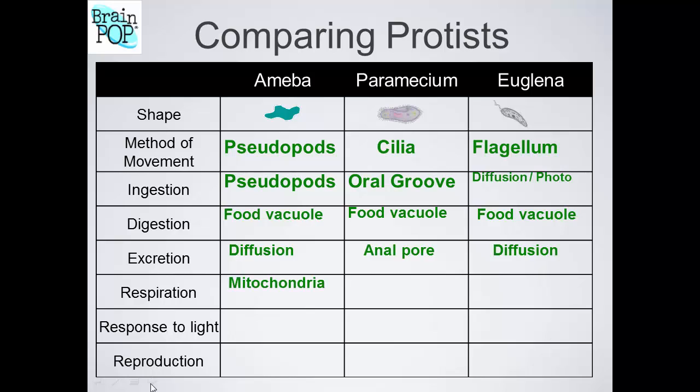Respiration is about where it happens, and they all have mitochondria to break down glucose, as we know, and then turn it into what? Energy, ATP. Energy in the form of ATP. And responding to light, the amoeba doesn't really care either way.